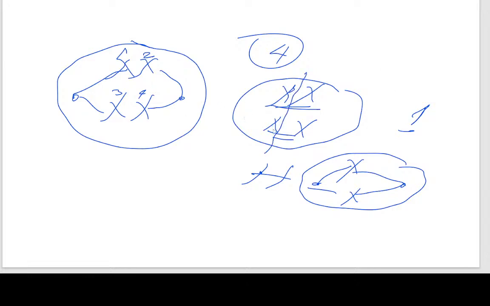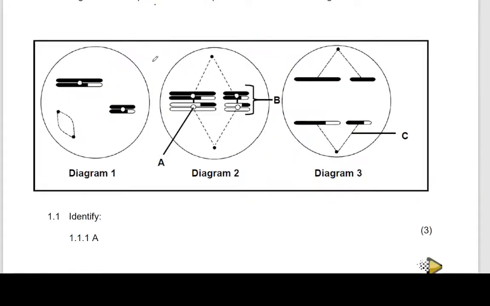So when the chromosomes are in pairs, then definitely we shall say that chromosome is under meiosis 1. If the chromosomes are single, then we shall say that cell is under meiosis 2.